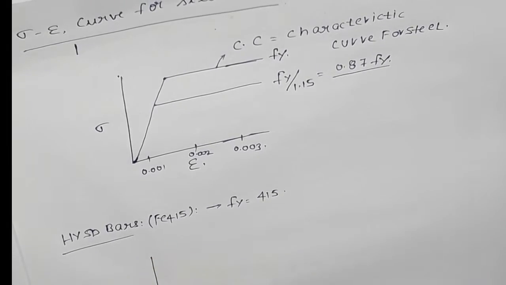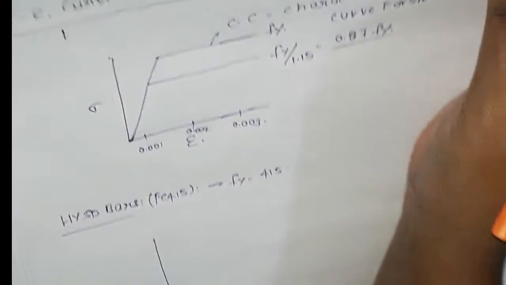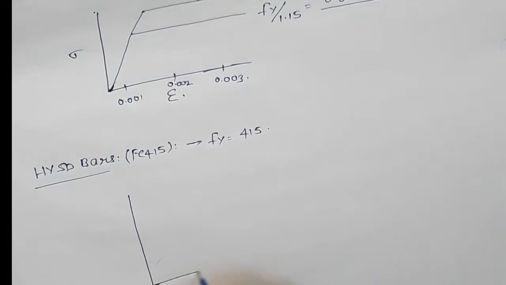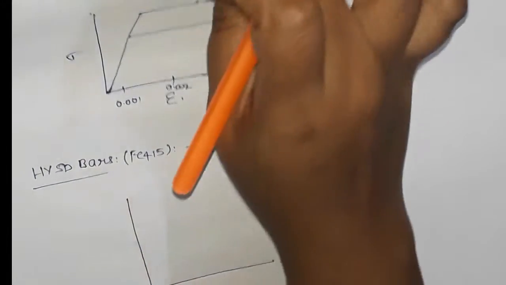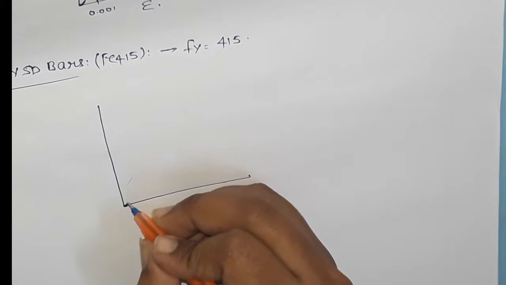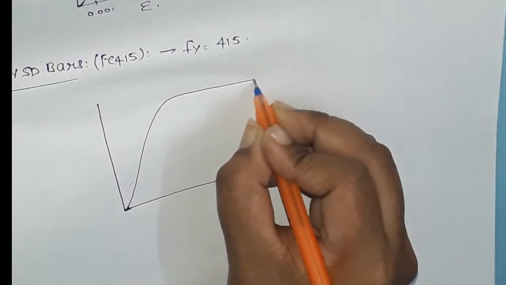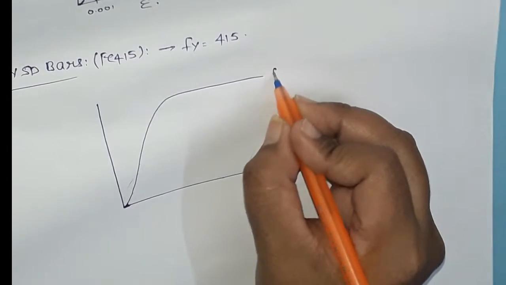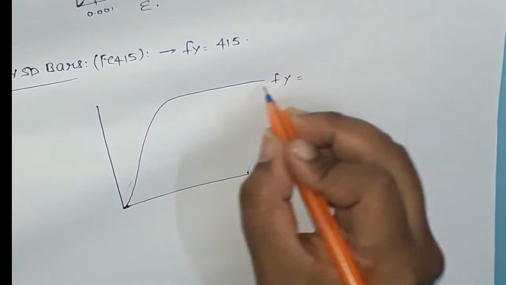Again, let us draw the stress strain curve for HYSD bars. For HYSD bars, the characteristic curve Fy is going to be in this way.